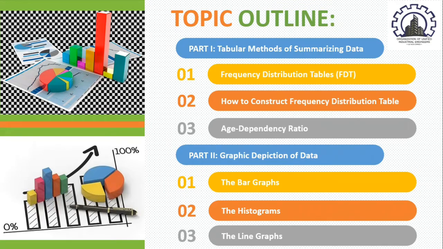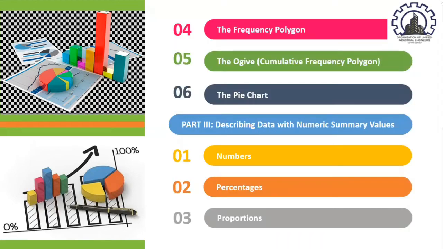For part 2, graphic depiction of data, we will be discussing bar graphs, histograms, line graphs, as well as the frequency polygon, the ogive or the cumulative frequency polygon, and the pie chart as well.